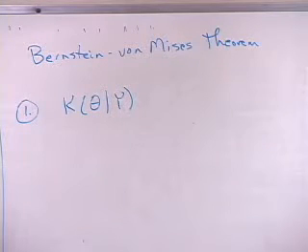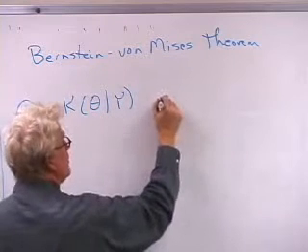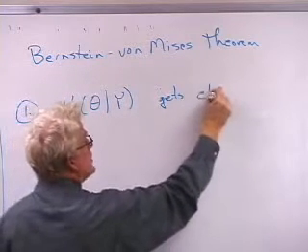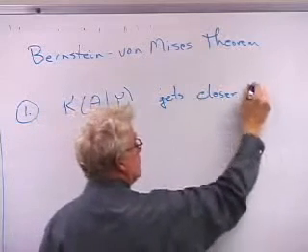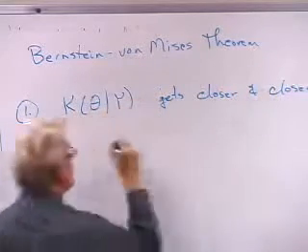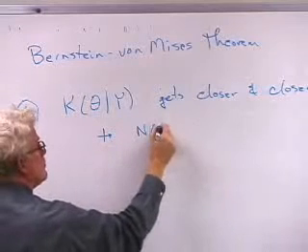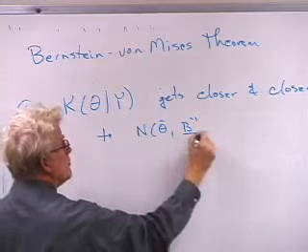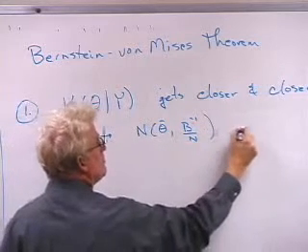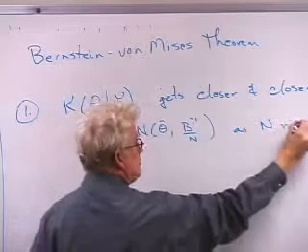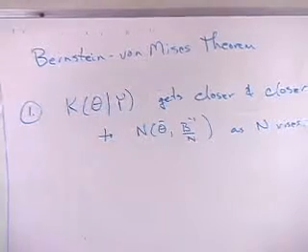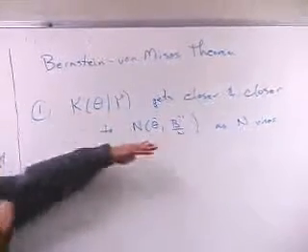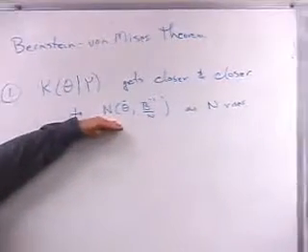comes to look more and more like a normal distribution as your sample size rises. Okay? I'm going to write this intuitively here. Essentially what this is saying, try not to get caught up in this notation, because it is intuitive, sloppy notation.